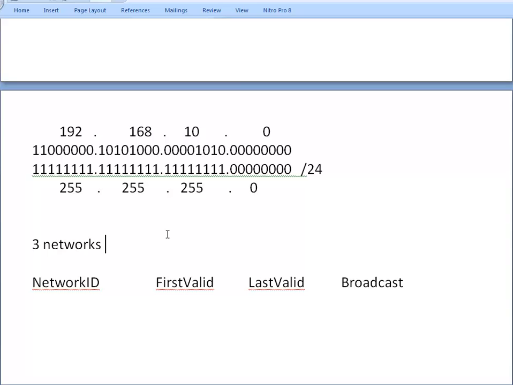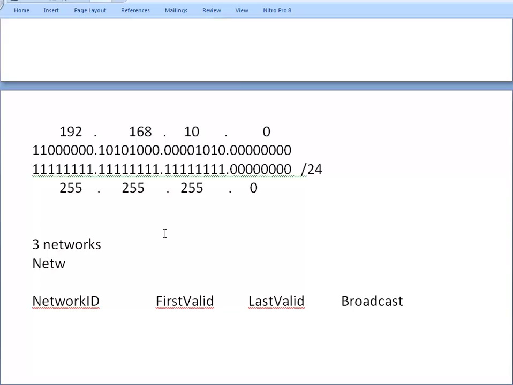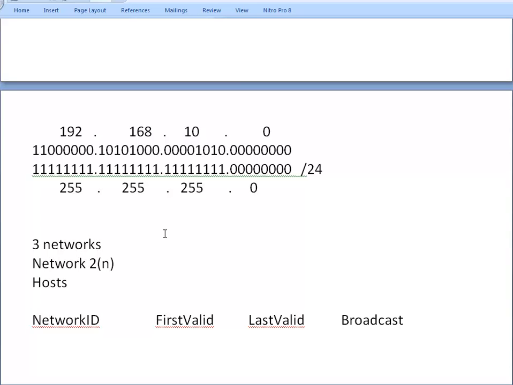To have three networks, the formula for the network was 2 to the power n. For the host, the formula was 2 to the power n minus 2. For three networks, if I borrow 1 bit, this will change to 1, and 2 to the power 1 is 2, so that's not enough.